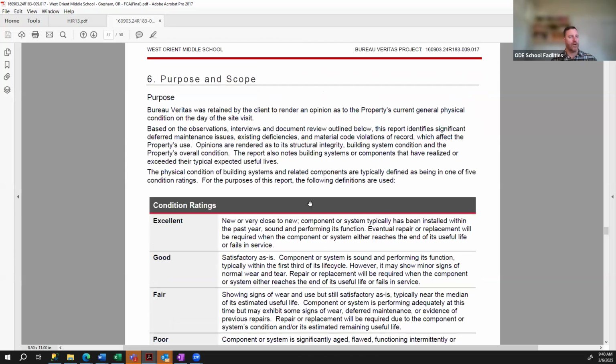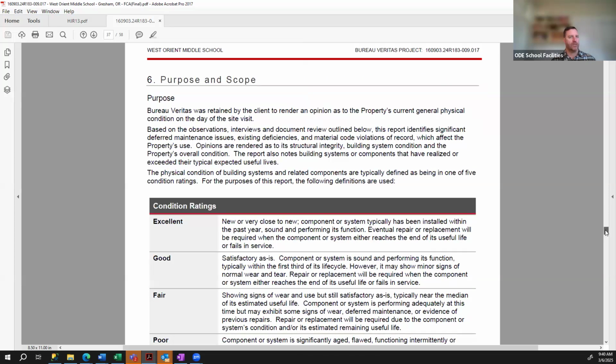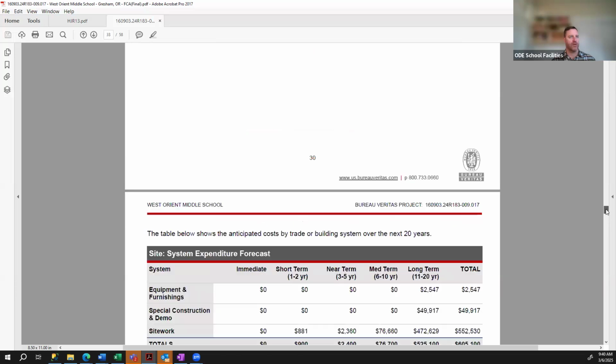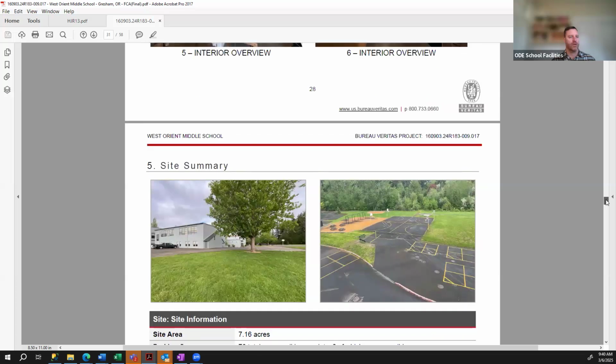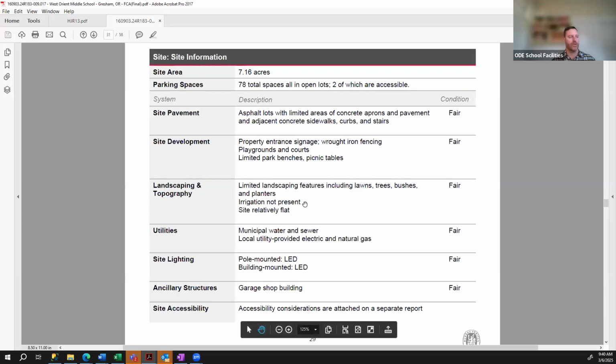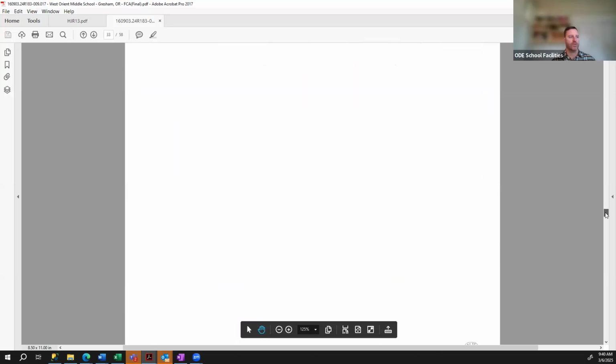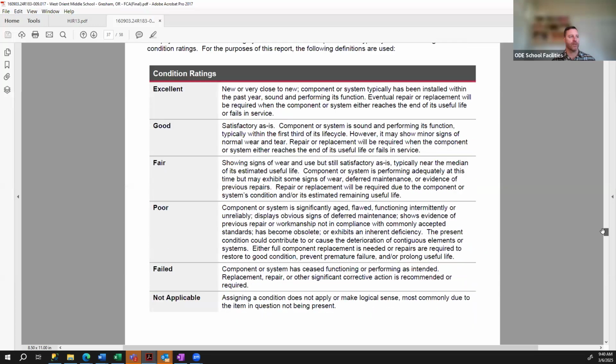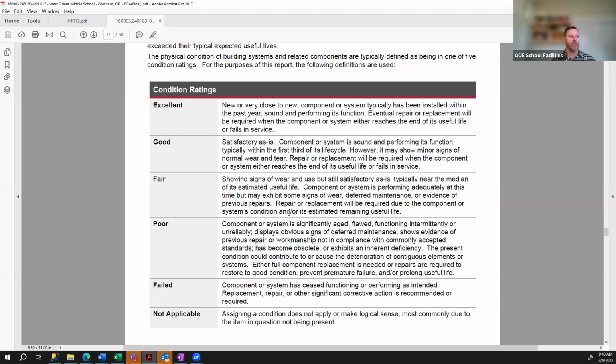And so when you're looking at these systems, and they all say fair or good or poor here on the site, for example, it looks like they ranked everything as fair condition, which is going to be most things. Here is what that condition rating is, what each one means.